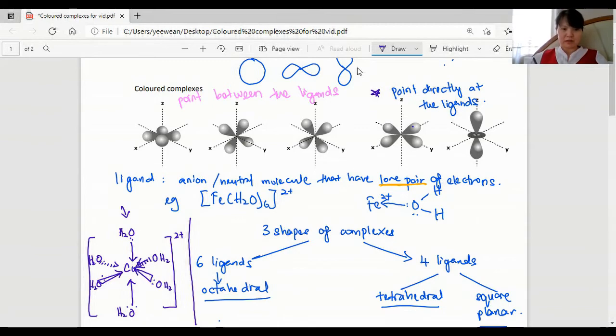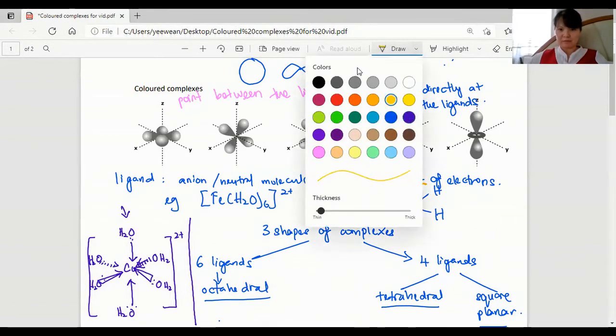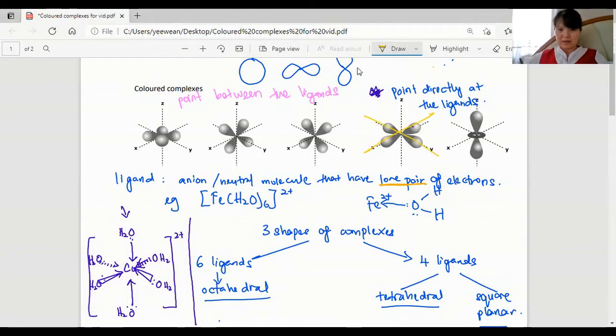When you look at this octahedral shape, let's try to overlap it onto this picture. There are X, Y, and Z axes here. So let's overlap this picture onto that one. You'll see that when the ligands approach, as in the water, the lone pair from the water will approach the central ion via the XYZ axes.